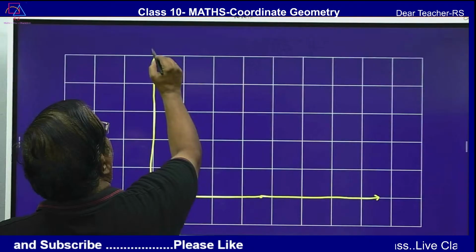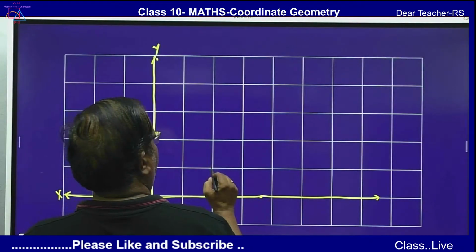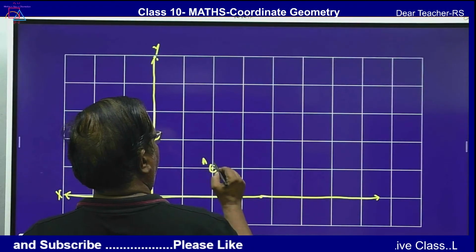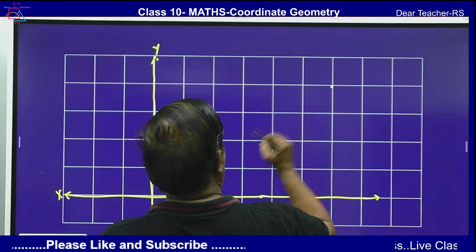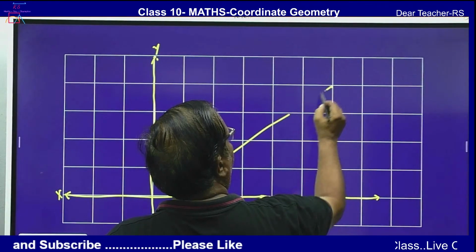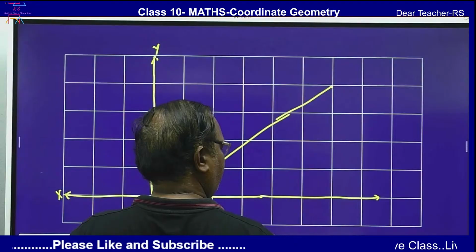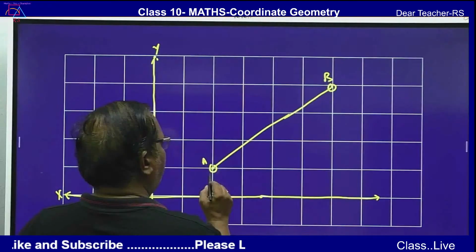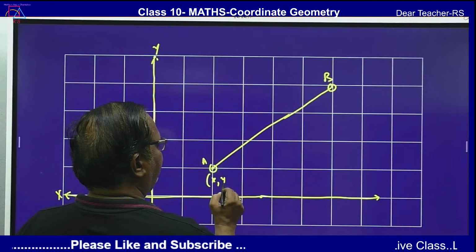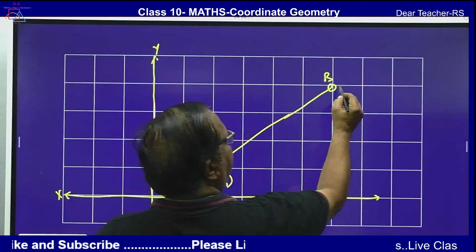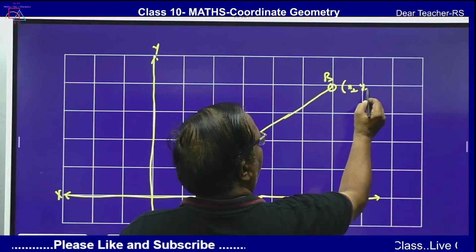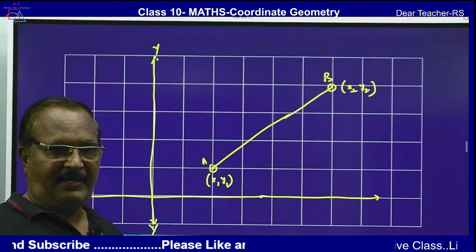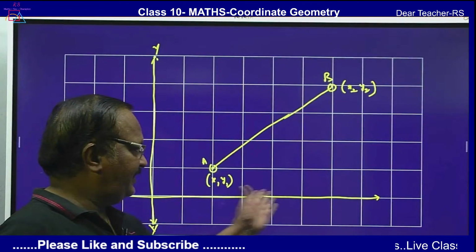So this is the y-axis. Let us put this is A, and this is B. I joined it. Now we don't know the coordinates, so let us say this is x1, y1, and this is x2, y2, because we did not put any numbers.